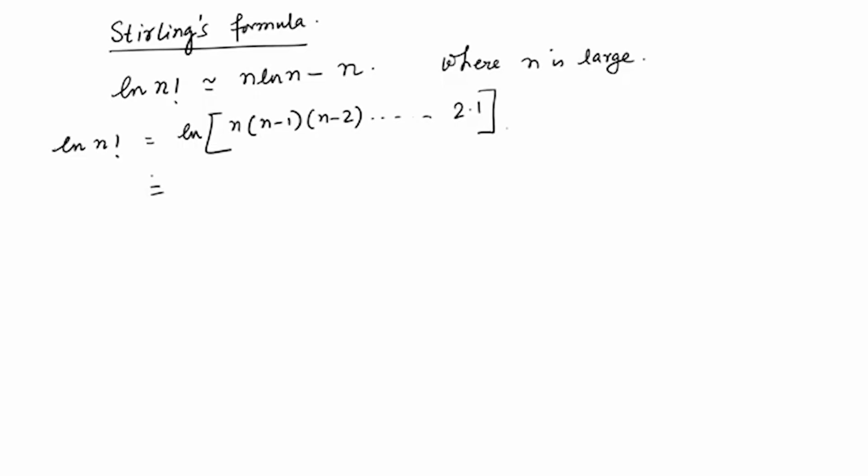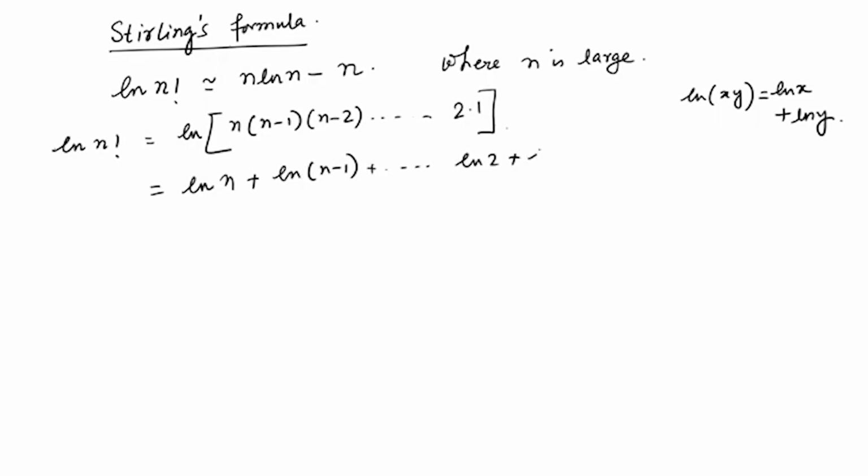And you know that when you take a log of xy, it is equal to log x plus log y. And that is how this becomes equal to log of n plus log of n minus 1 and so on, and then log 2 plus log 1. Something can go to 0 like the last term, but it does not matter. We will write it as a sum k equal to 1 to n of log of k.